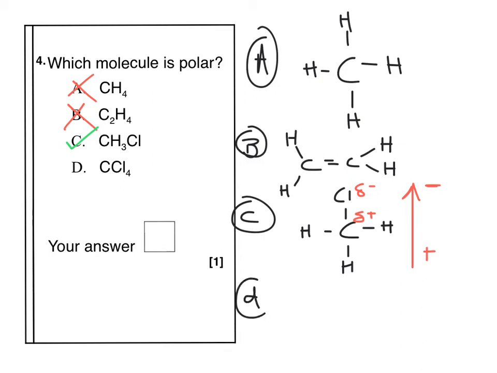D, just to check, you've got a carbon surrounded, equally spaced all the way around, by 4 chlorines.